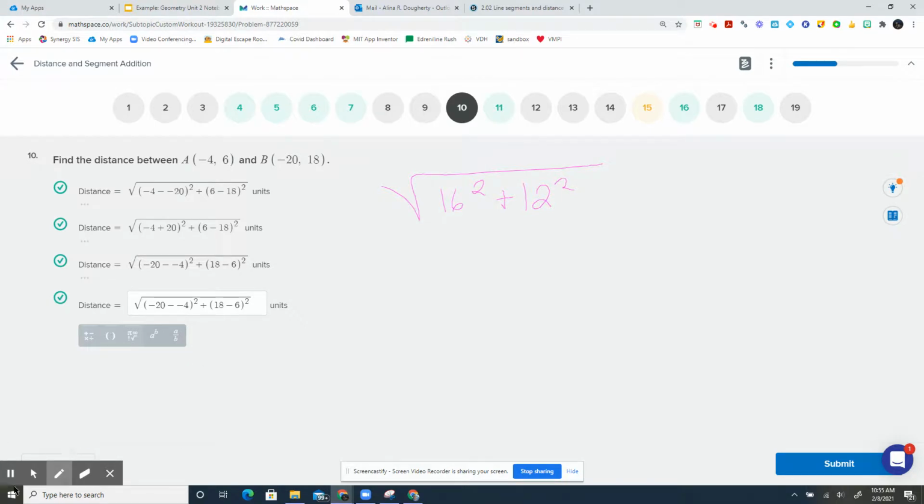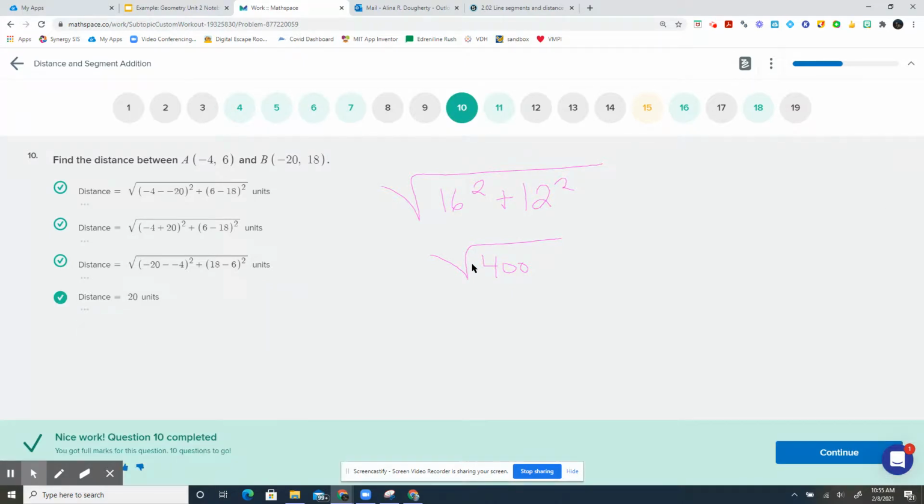I'm going to pause the video so you don't have to wait. So this is the square root of 400 once I got it into the calculator. And if I take out all of this, I think I was making it harder than I needed it to be. The square root of 400 is 20. And number 10 is not nearly as hard as I was making it out to be.